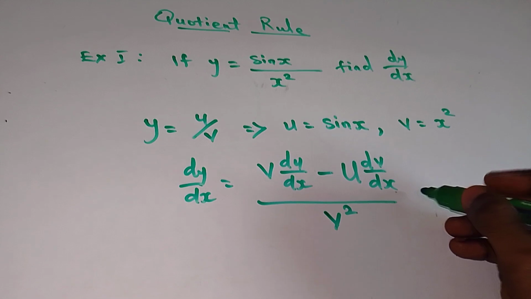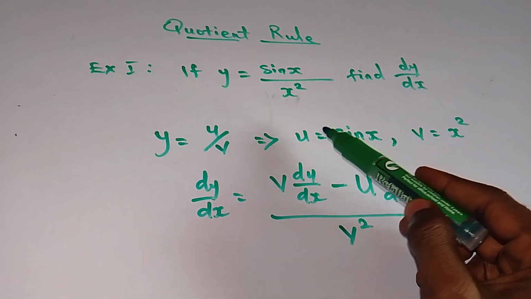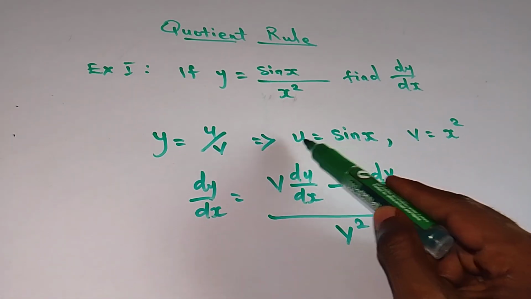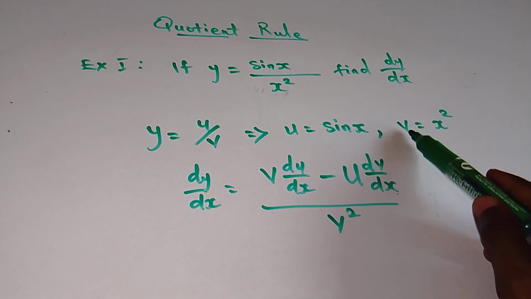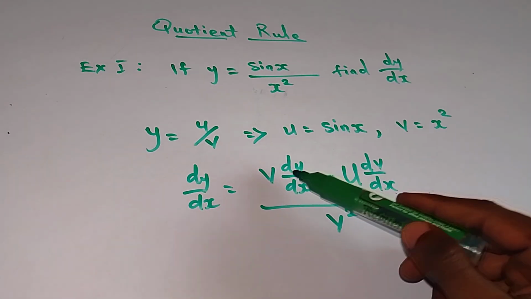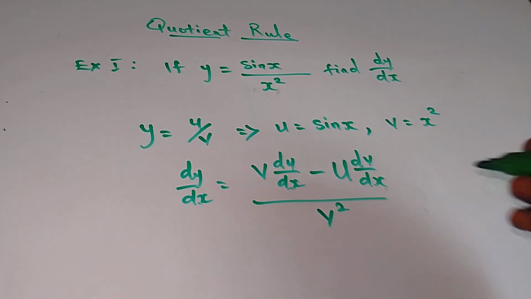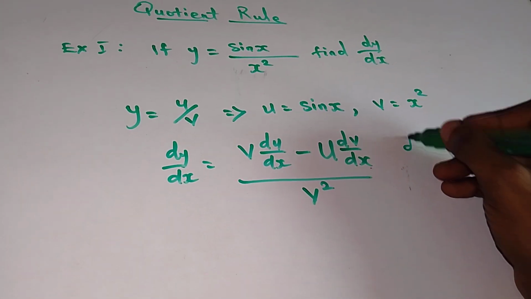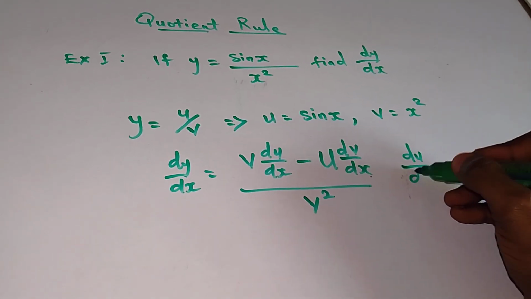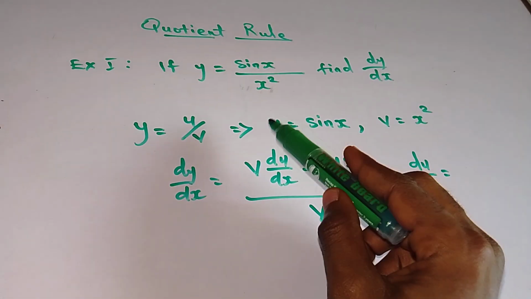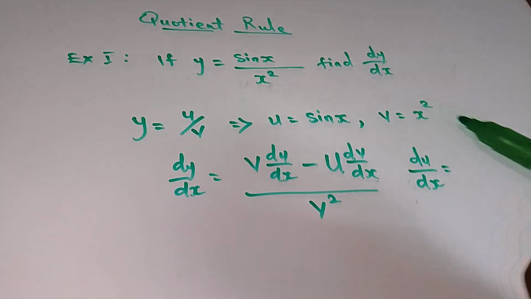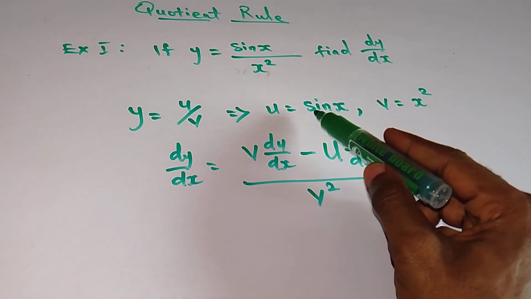So in this case, what we just need to do is to find the derivative of this u and the derivative of this v. That's du dx and dv dx. So let's find that. Let's start with du dx. So if u is equal to sine x, then what will be the derivative of u?